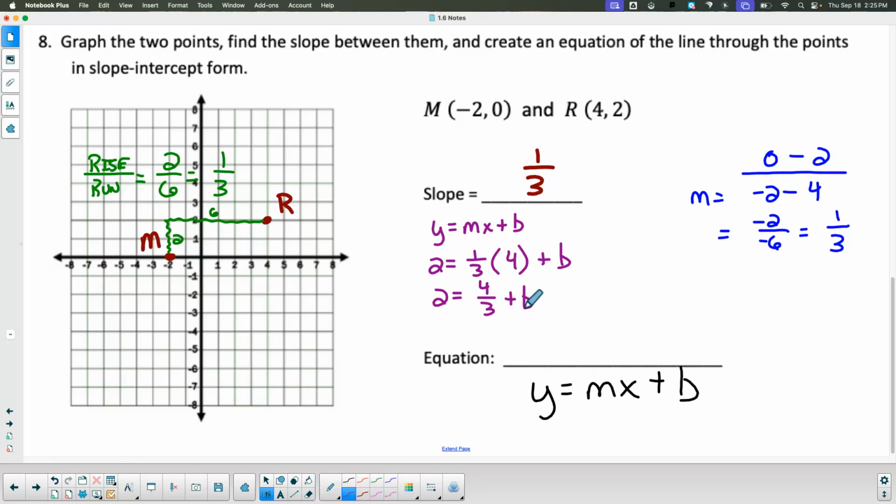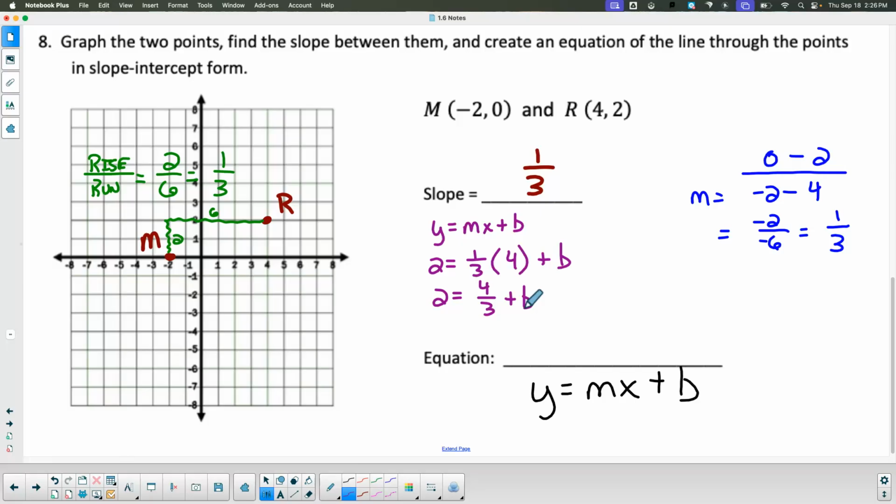Are you with me on that so far? Okay. Looking ahead, if I want to solve for b, what am I going to do next, mathematically? I'm going to be subtracting 4/3 from both sides. But can I subtract 4/3 from 2?